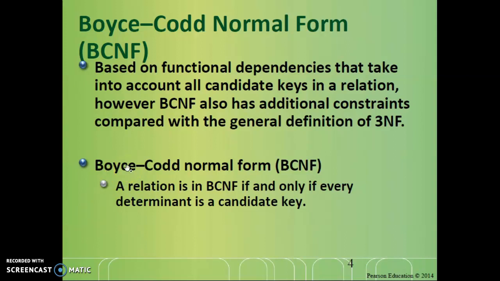In second normal form, partial dependencies are removed and in third normal form, transitive dependencies are removed on the primary key of a relation. Even then, the general definitions of second normal form and third normal form may identify additional redundancy caused by dependencies that violate one or more candidate keys.